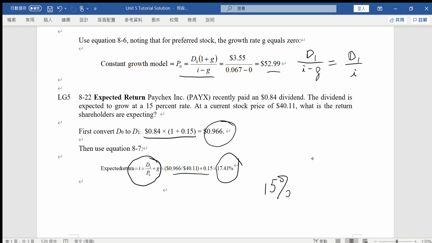Compared to this figure, that is lower than the expected return, right? Because it is lower than the expected return, it is possible that the investor may not buy this share because that is lower than their expectation. But on the other hand, if the investor finds out that this share will give a 20% return, which is higher than their expectation, then sure, they will invest in this share, right?